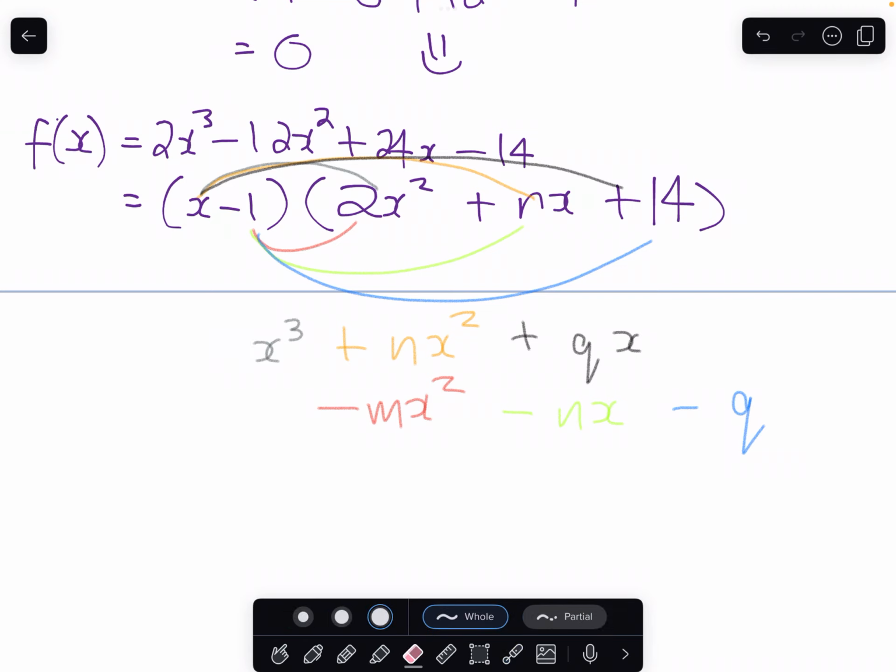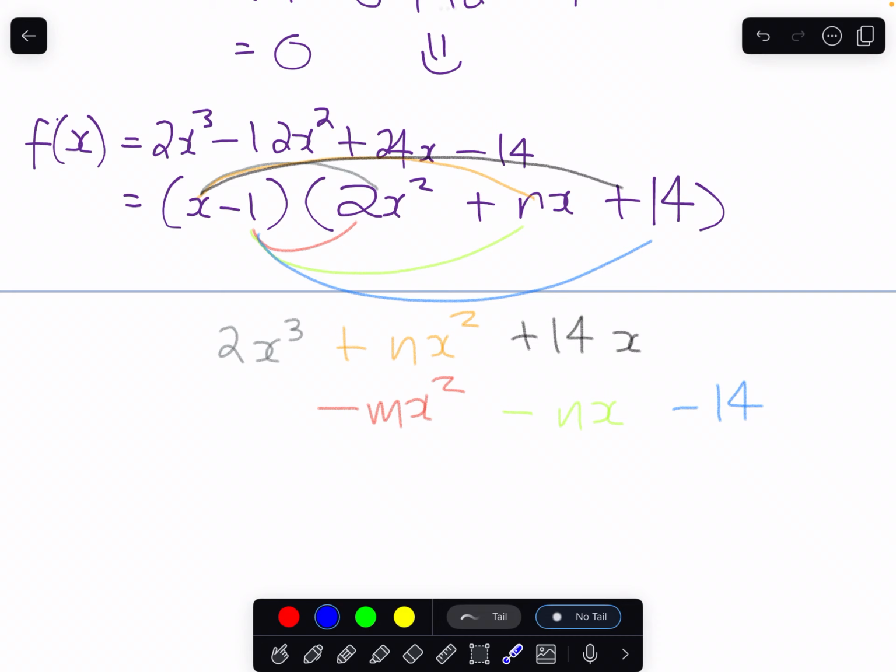Okay, so at this point we have our 2x cubed, we have our minus 14, and x times nx. We still don't know what n is. We have x times 14, so this guy is actually 14x.